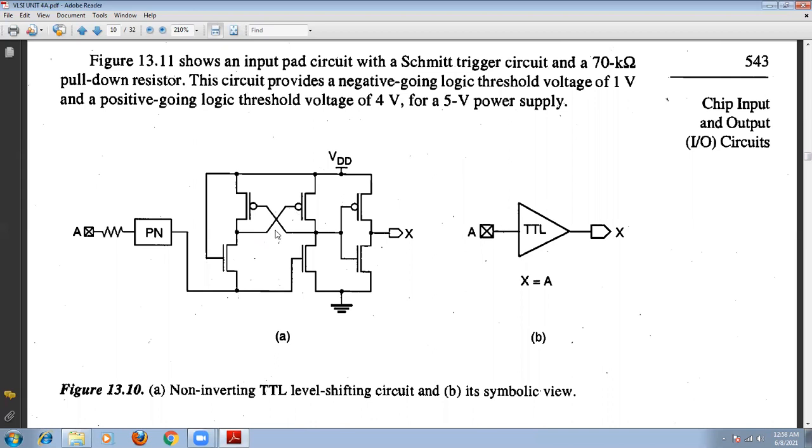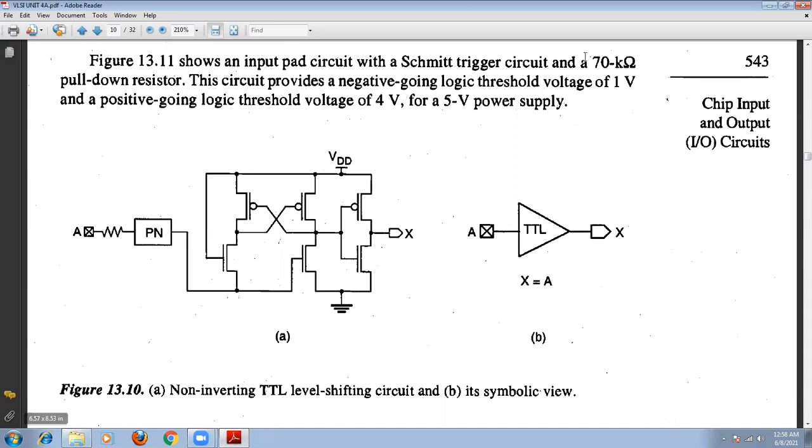The signal, after the protection network, is transferred to this level shifting network for the TTL. We are assuming the TTL network in this case, so the TTL level will be shifted to this part here. This is the symbolic network of this TTL level shifting network. Depending upon the input level, the output will be shifted.